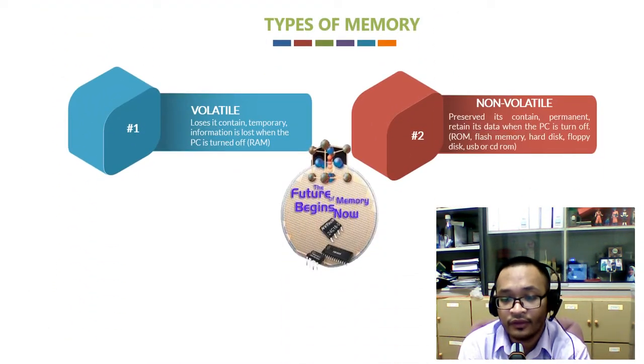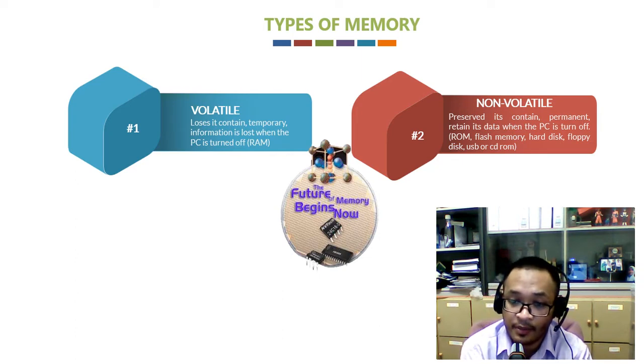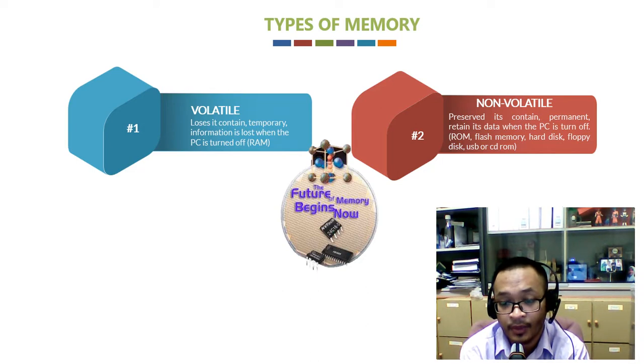Basically, we have two types of memory: volatile memory and non-volatile memory. Volatile memory is temporary memory, so the information will only be retained if there is an electrical power supply to it. Non-volatile memory is also known as secondary storage or secondary memory, also called permanent memory.